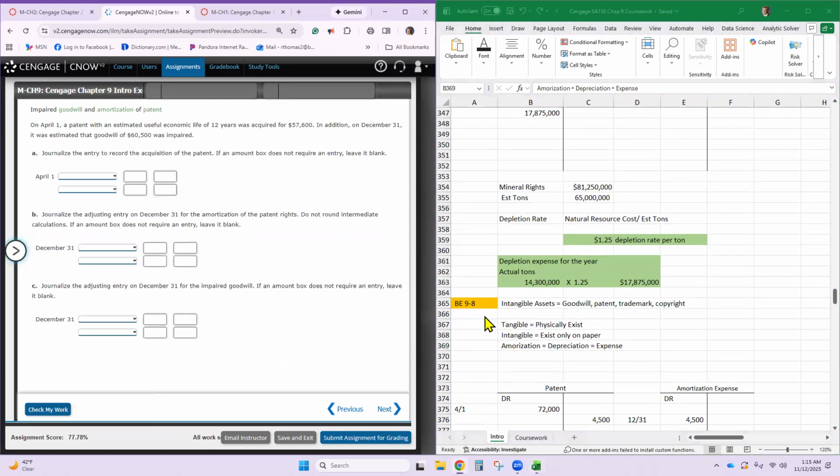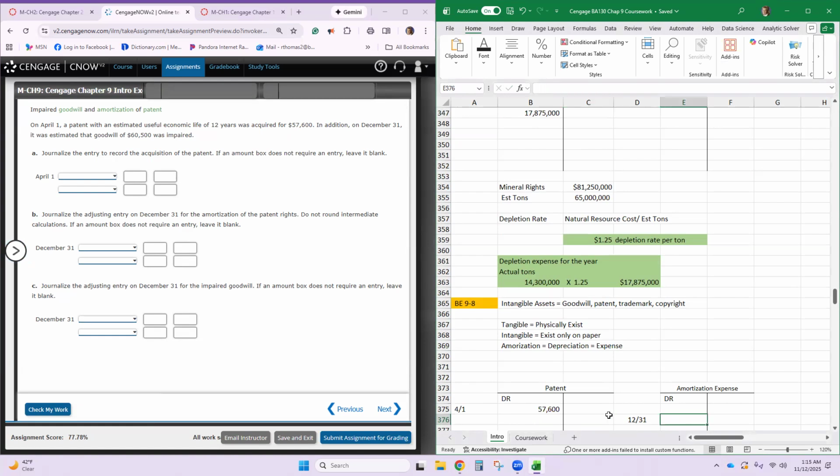Okay, amortization. So on April 1st, okay, so that's not January 1st, a patent with an estimated useful economic life of 12 years was acquired. So acquired means purchased, $57,600. So this is April 1st, $57,600.